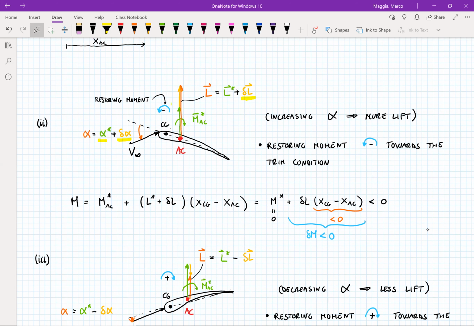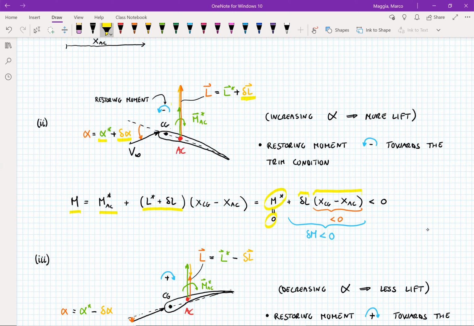And we can see it mathematically like so. The overall pitching moment is the trim moment with respect to the aerodynamic center, and now we have this increase in lift, L star plus delta L. So we can rewrite it as M star, the trim pitching moment, which is 0, plus this contribution, delta L times xcg minus xac.